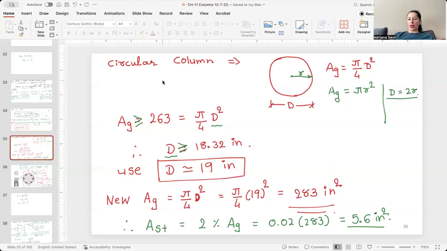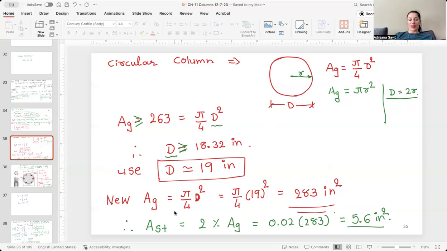For a circular column, the gross area is pi over 4 times d squared. Using our numbers, we obtain that the diameter is greater than or equal to 18.32, so we will use 19 inch.